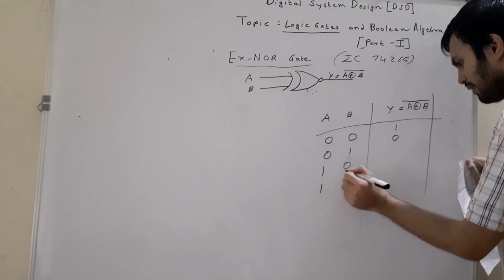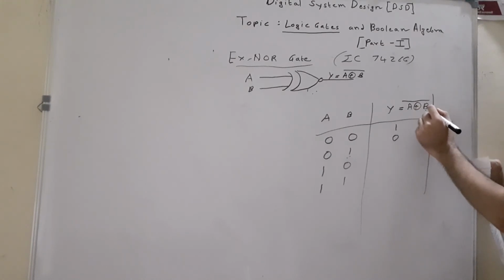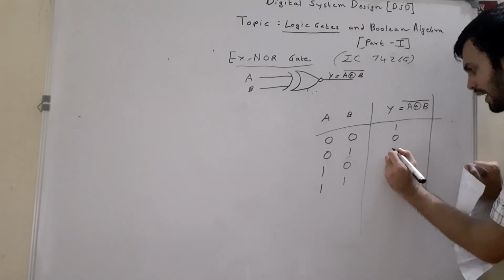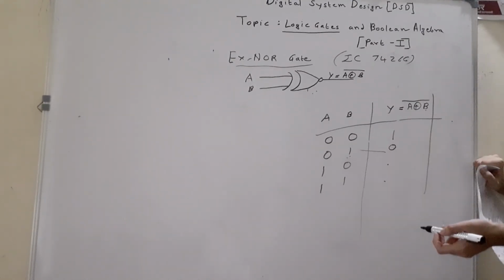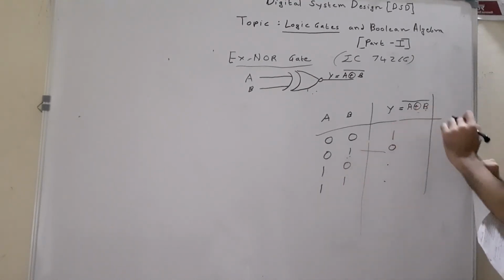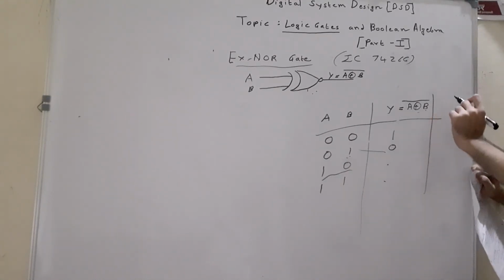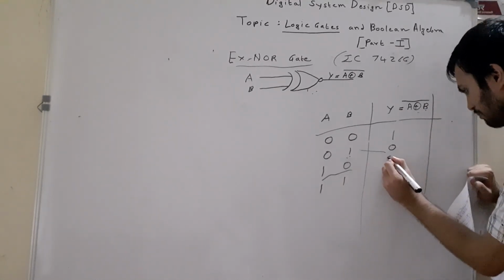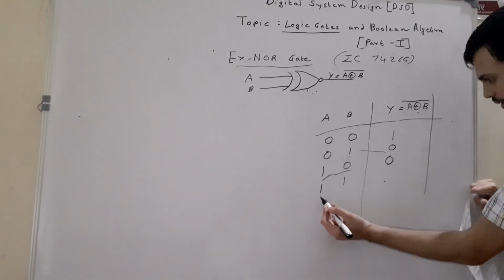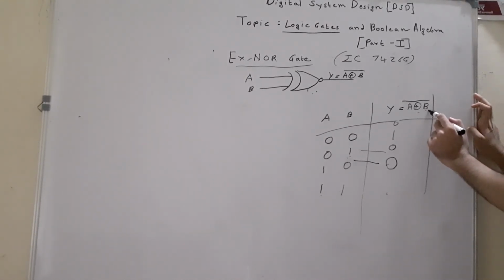Then again 1 modulo 2 addition 0 and its complement. So y is equal to A XNOR B. So what will be the answer of A XOR B? It would be in this case 1, but we are taking its complement. That's the reason answer will be 0. And then the next input combination. So now firstly we will perform XOR operation or modulo 2 addition.